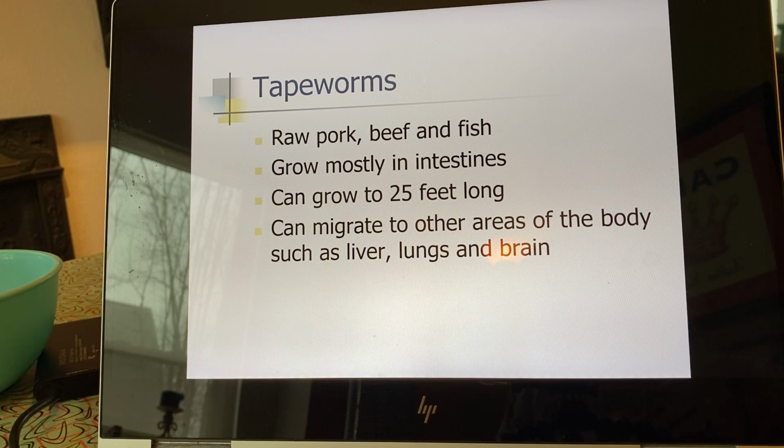So if they infect cattle living outside, the cattle poop as they're walking around in a pasture, and that's how the eggs can get spread to other cattle, because then they'll eat grass that's contaminated with eggs. If a human being gets a tapeworm, we're gonna get really, really sick and we're gonna go to the doctor and get some meds and kill that organism.